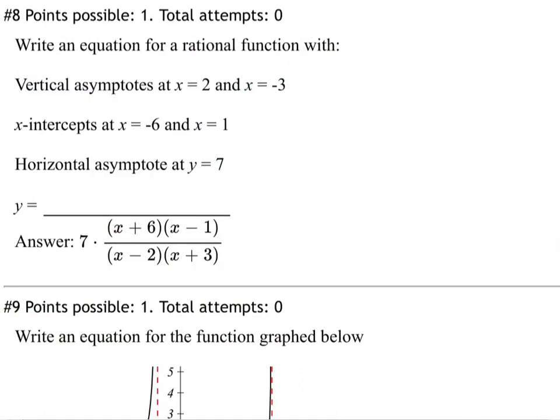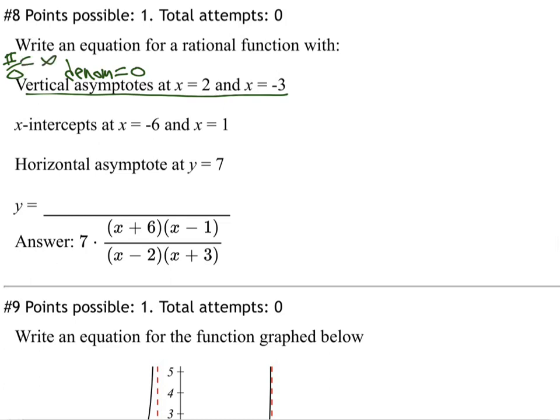All right, let's try number 8. This will be similar, a little different though. Actually, maybe a little easier. All right, so again, write in the equation: vertical asymptotes 2 and negative 3. Remember, that means denominator equal to 0, because when you have a number over 0, that's when a fraction goes to infinity.